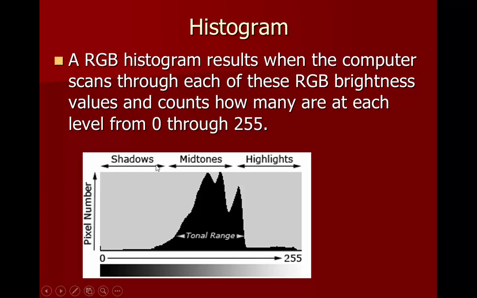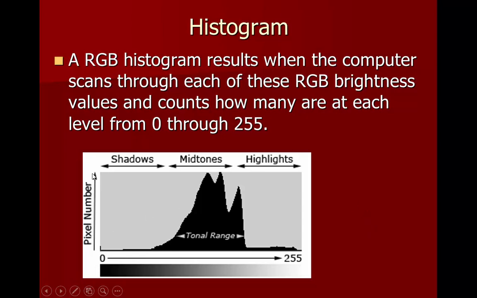The lower part of a histogram, roughly the lower third, is called the shadows. The middle part is called the midtones, and the higher part is called the highlights. You'll see these referenced in image editing utilities. And of course they go from 0 all the way up to 255.